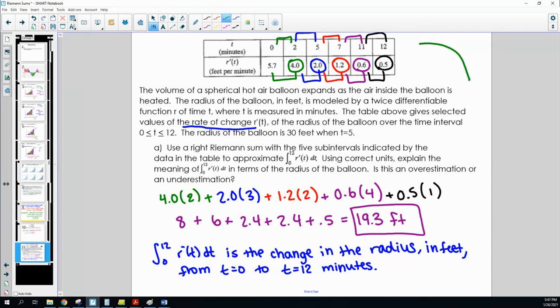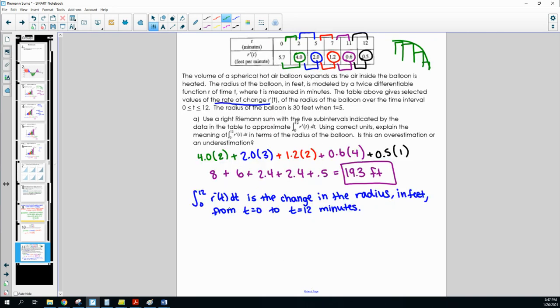It's going down. So that means that if I'm using a right Riemann sum, think back to what I talked about in the beginning, a right Riemann sum is going to be an underestimation, because it's decreasing and I'm using a right Riemann sum. So I'm just going to write that out, and I'm going to say that it is an underestimation.